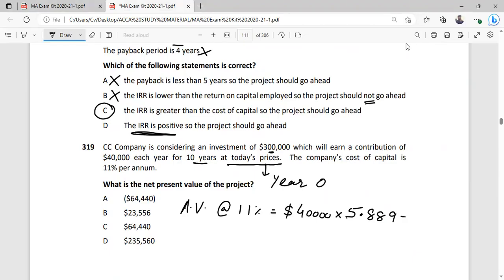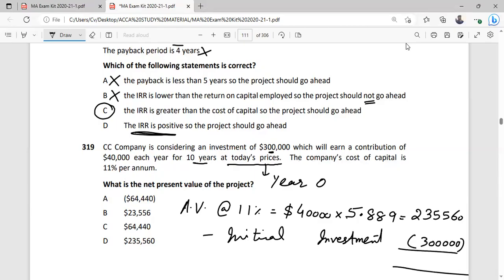It is 235,560 minus the initial investment of 300,000. So we have an NPV of 64,440 negative. A is the right answer.